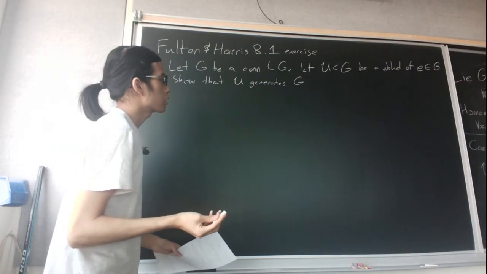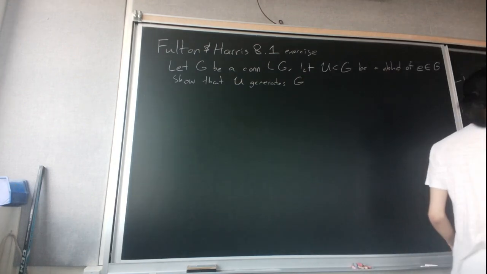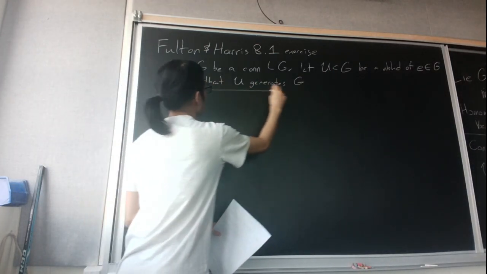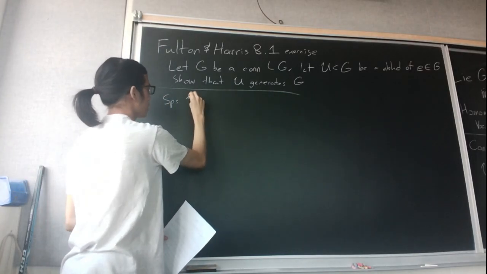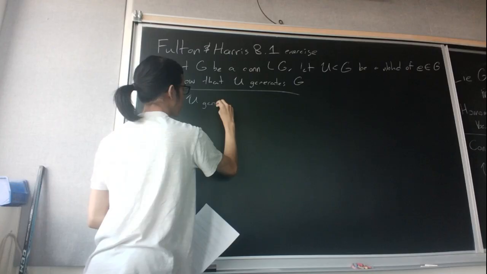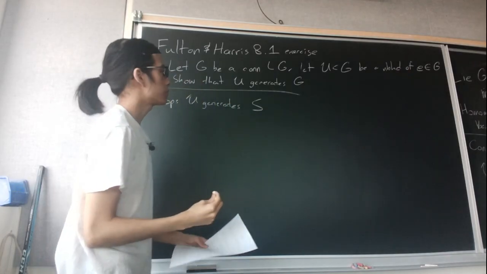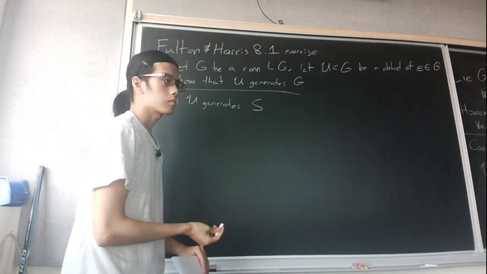So the way we're going to do this is, yeah, I did say connected manifold. So we're going to consider the thing that U generates. So we're going to call this thing S. Sorry, I think there should be a question from the audience right now about something.